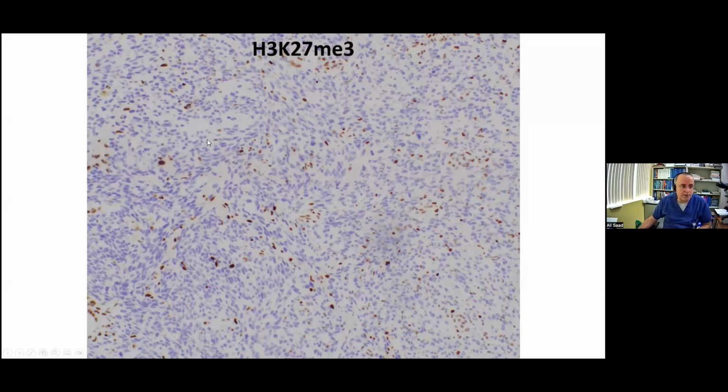However, it is lost in MPNST. So here, if you look at the nuclei of the tumor cells, they have lost the expression of this particular marker. And the positive cells that you see are endothelial cells of small capillaries, which are very useful because they provide us with good internal control. So this is a case of MPNST, intermediate grade.